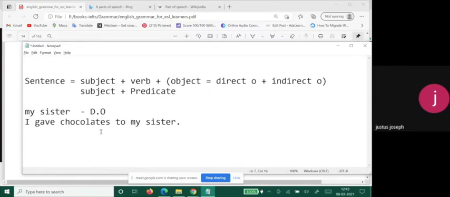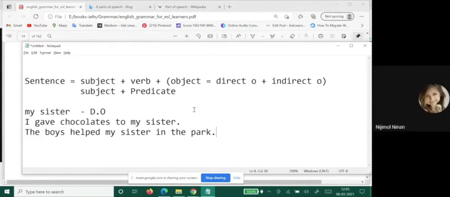Try and use my sister as a direct object. The boy is held whom? My sister. So sister becomes the direct object, right? Okay.